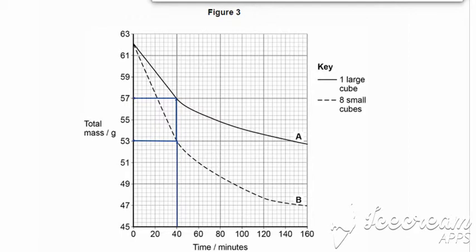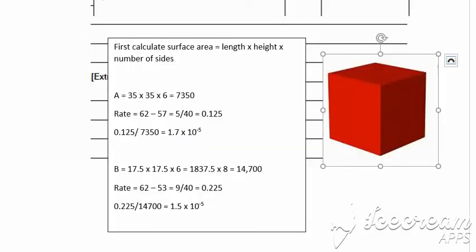So we can work out our rate of reaction by doing 5 divided by 40, so 0.125 for A, and for B, 9 divided by 40, so 0.225. So now we need to take into account the surface area.